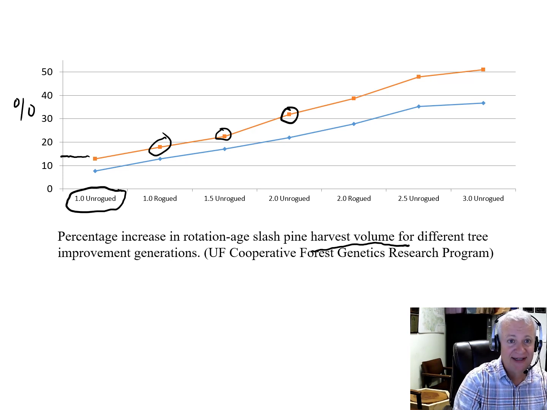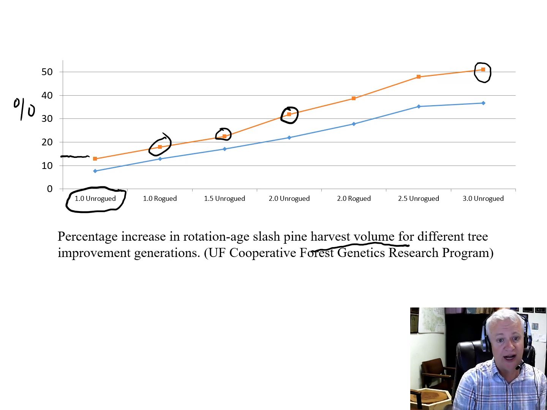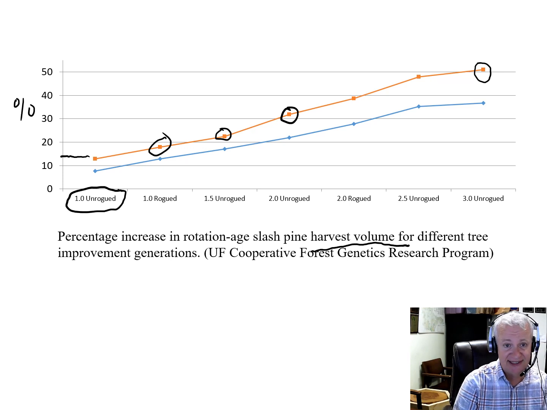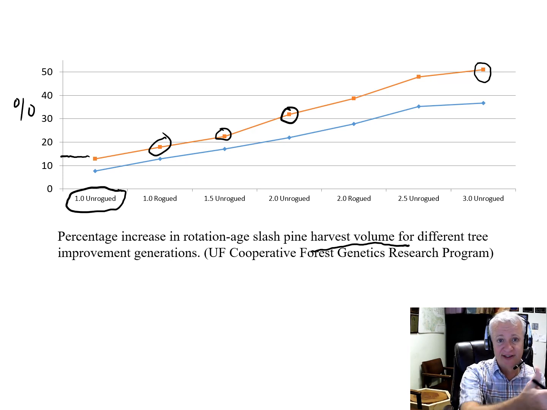And you can see by the end of the third, well, this actually isn't the end of the third, this is that third generation that hasn't been rogued. It's over a 50% increase over wild populations in harvest volume. That's a big improvement just through selection and testing. So this is an example of the magnitudes of improvement that you see. And this is basically over about a 50-year period.